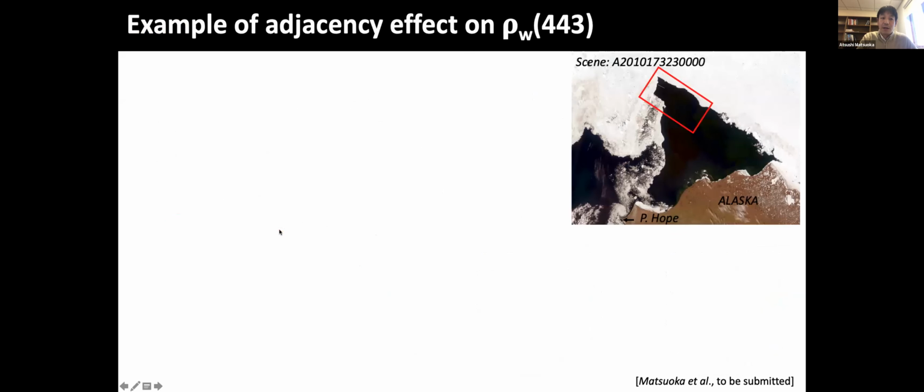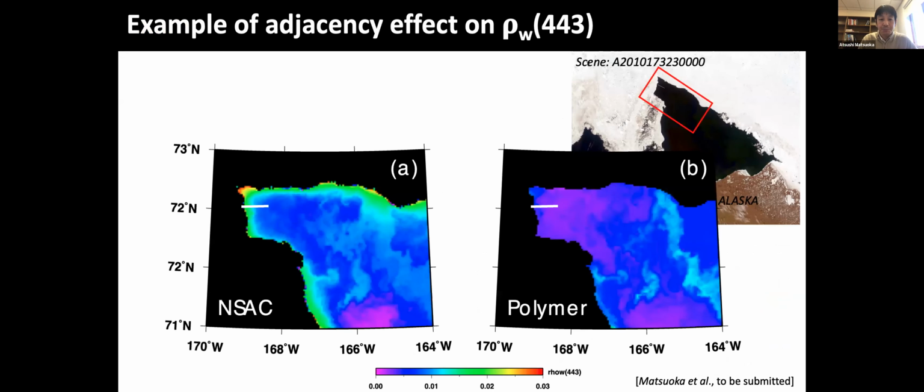So far, I have shown the result using the radiative transfer simulation. Now I'm going to show you the ocean color data to see if it makes sense or not. I chose this particular image to examine this adjacency effect.